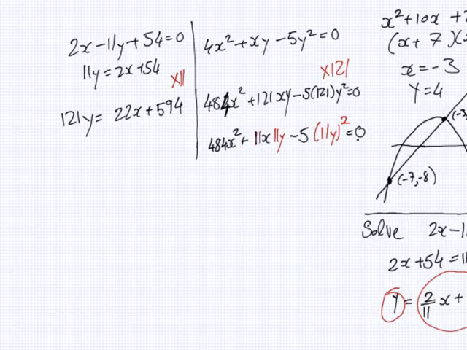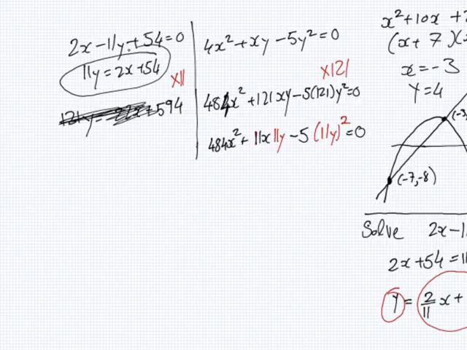Now, I didn't need to do this. I have enough here, because this is 11y, and here's 11y, and here's 11y. So I can replace both of these with that. Then I don't have the fractions.